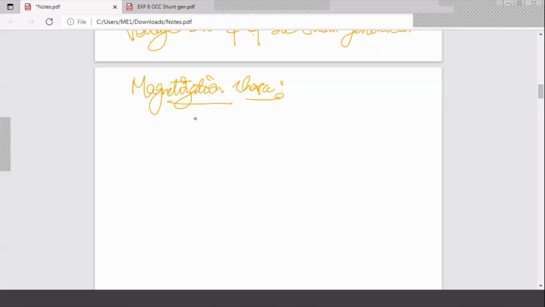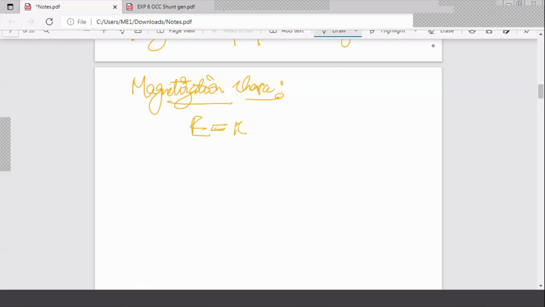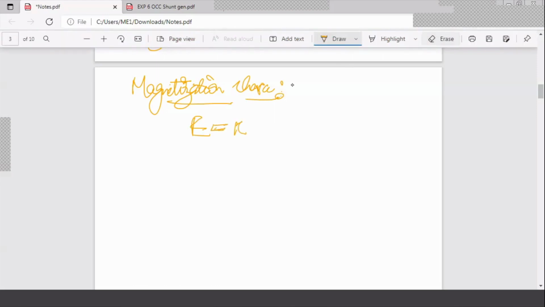So what we are going to do here, we have the equation E is equal to K into phi into N, isn't it?